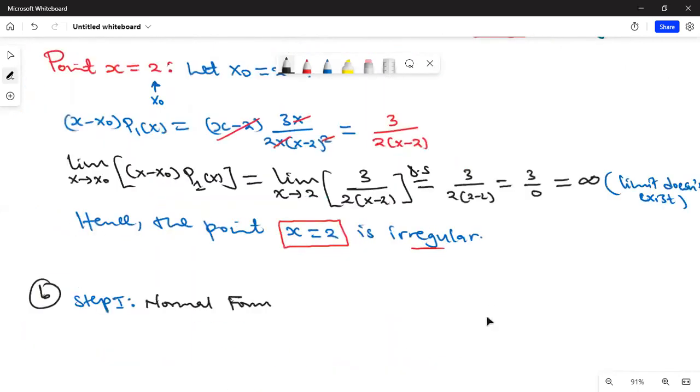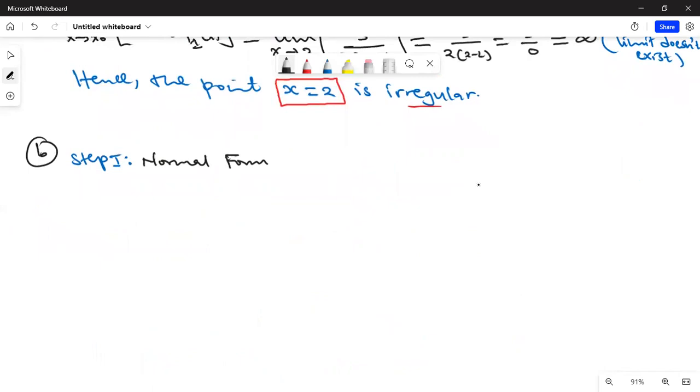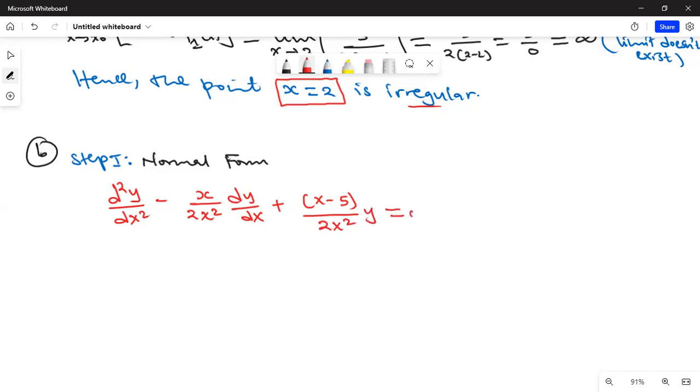If you divide that equation by 2x squared, you're going to get d squared y over dx squared, minus x over 2x squared dy dx, plus x minus 5 over 2x squared y equals 0.